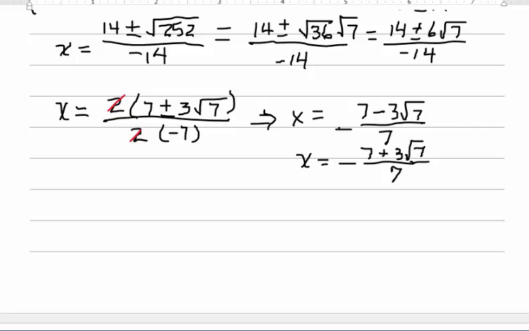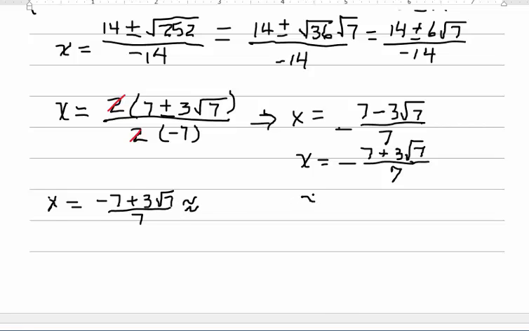I want to point out that you do need to be careful with that negative sign. If you move it to the top, you not only multiply the 7 by a negative, but the negative 3 square root 7 gets multiplied by a negative. So taking this negative sign and multiplying it by the numerator requires that I multiply both terms in the numerator by that.